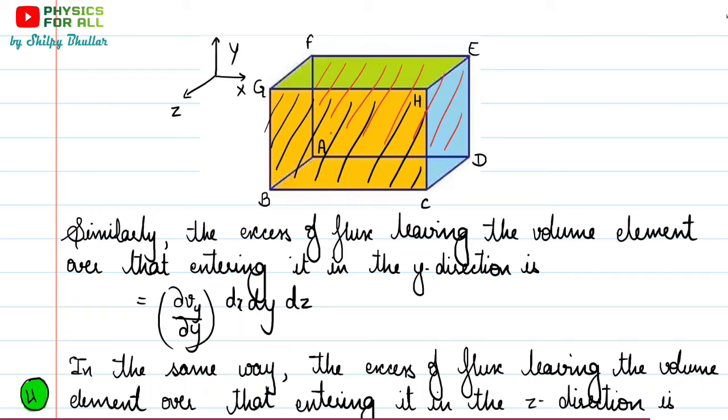Again, the way we wrote for y, we can write in the same way for the z axis, because now this dx, dy, dz would be the same, but the only change would be in the z component. So instead of curly Vy upon curly y, we would have curly Vz upon curly z.